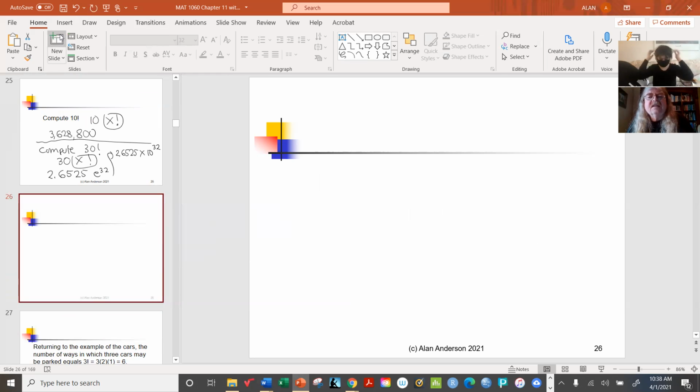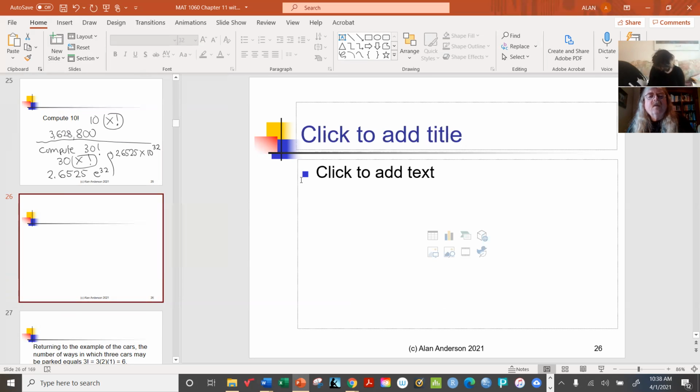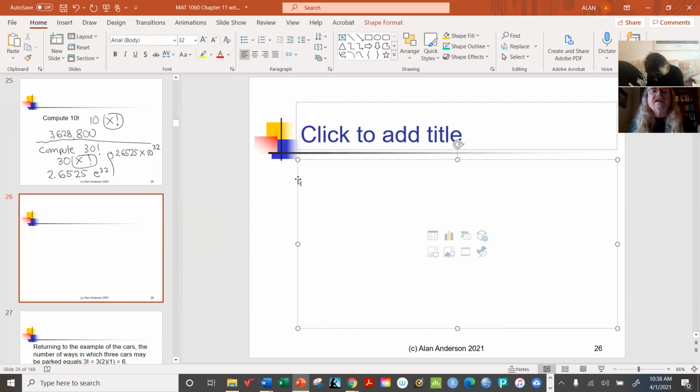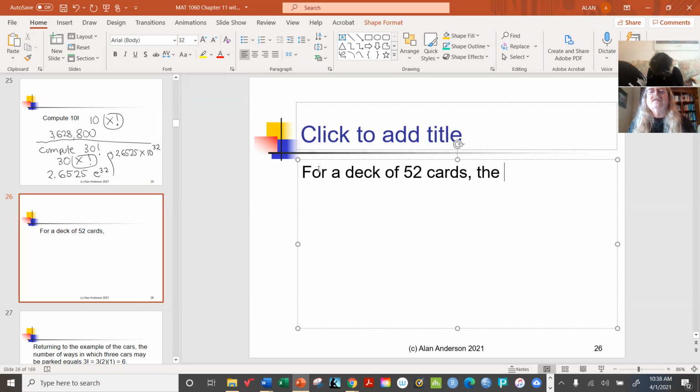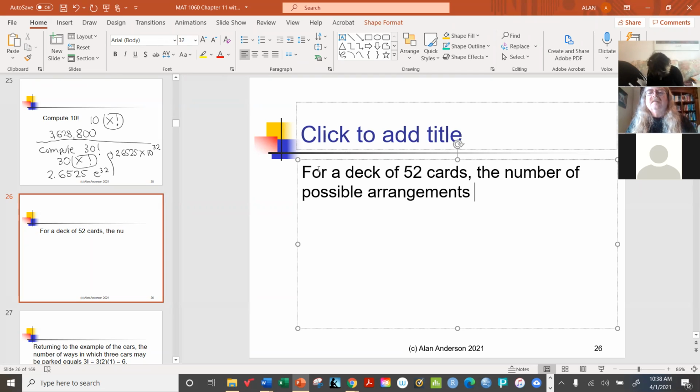Let's sneak this in as a reminder of what we saw in the video. For a deck of 52 cards, the number of possible arrangements is 52 factorial.